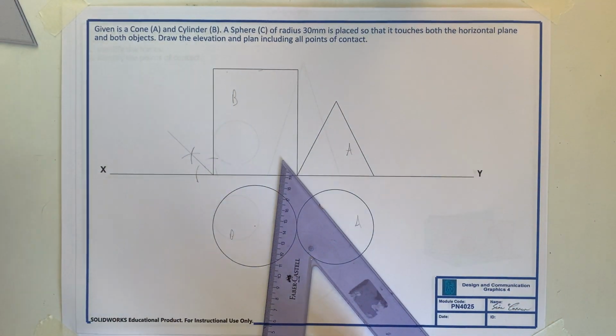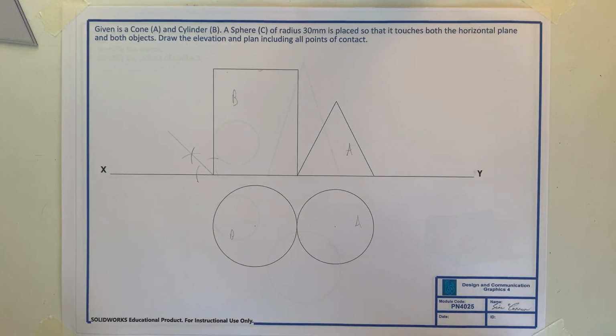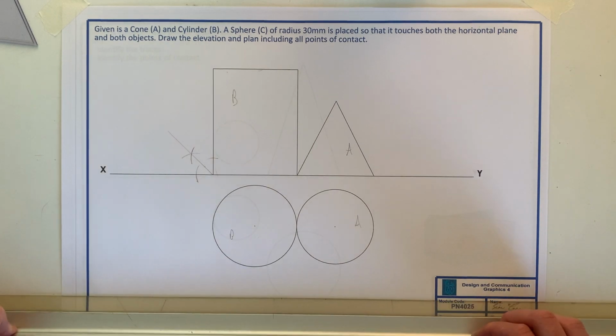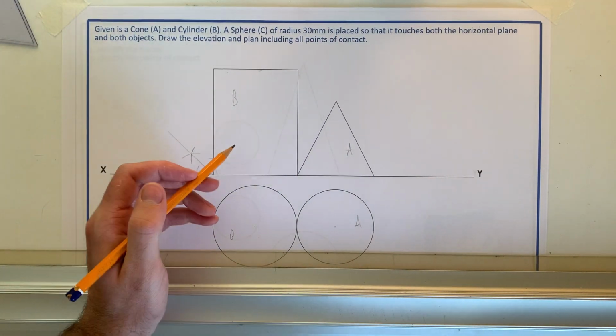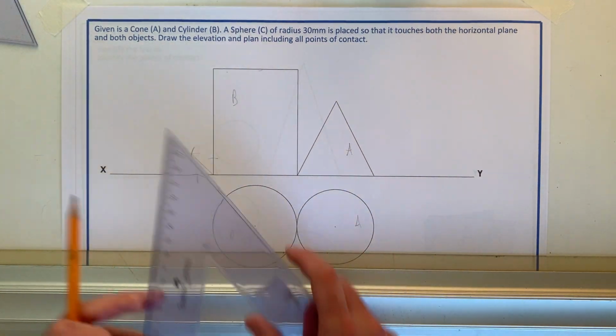Now all I have to do is draw a parallel line to my XY line, which is going to be 30 millimeters up, so I know that the sphere itself is going to be touching off both the cylinder and off the horizontal plane, which is represented here by the XY line.